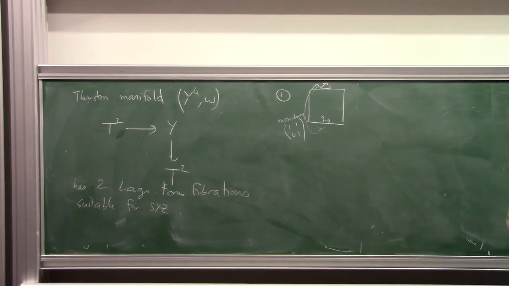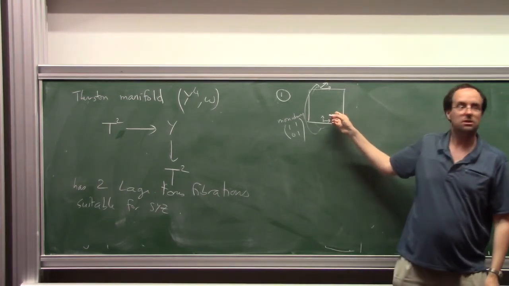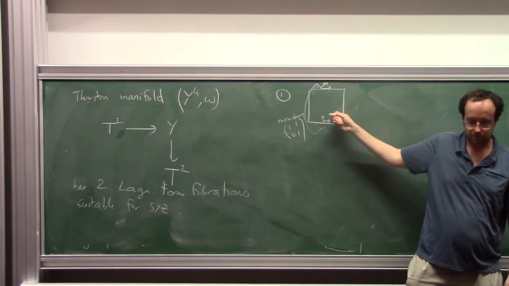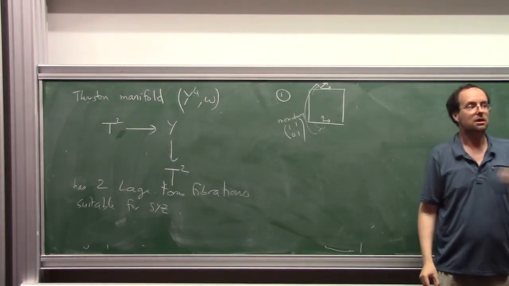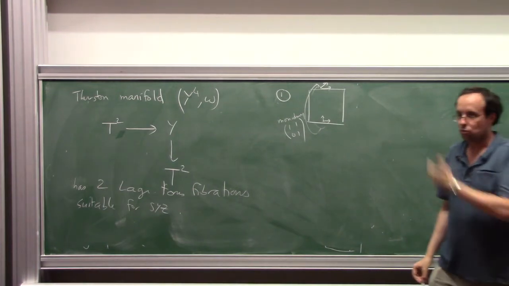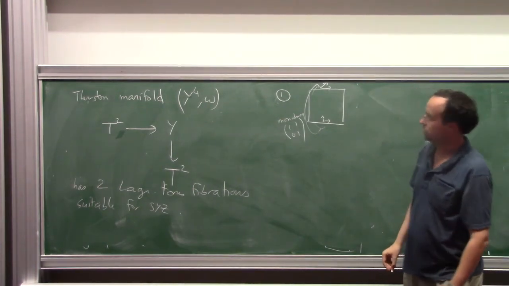If you take this base and then take its cotangent bundle mod the integer lattice, you build a symplectic manifold, and that's one incarnation of a first-order manifold.